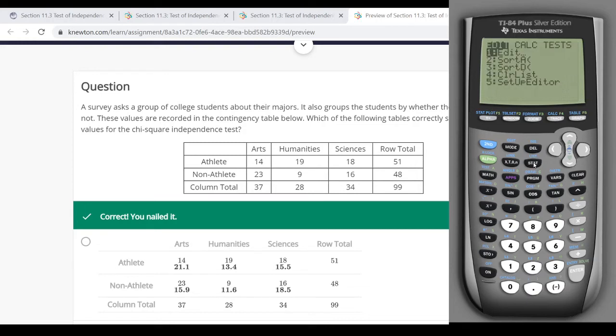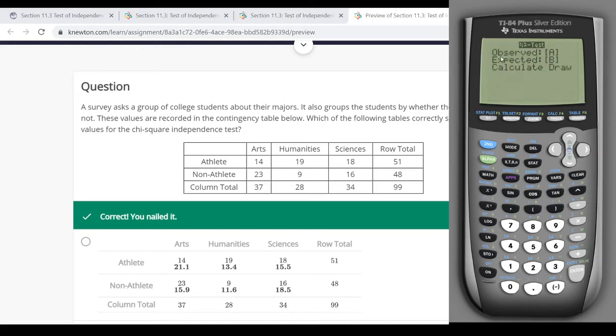You hit the stat button, go over to tests, and scroll down. We did the chi-squared GOF test before, that was goodness of fit. We're not doing that one this time. We're doing an independence test, just a plain old chi-squared test. So I go up to where it says chi-squared test.